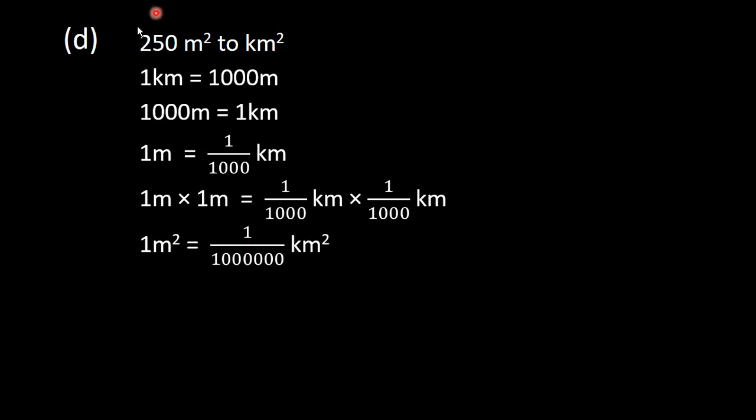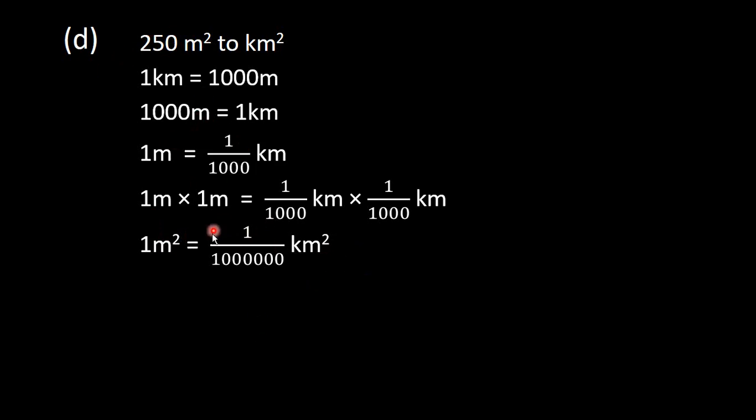Now, we have 250 meters squared. So 250 meters squared is going to be 250 times 1 over 1 million kilometers squared. Just multiply, because we know 1 meter squared is equivalent to 1 over 1 million kilometers squared. What about the 250?